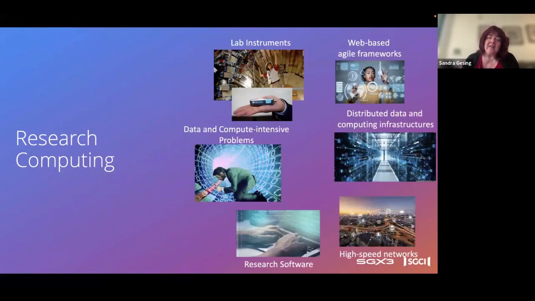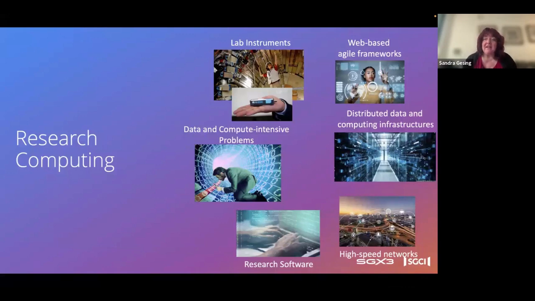So if you look at the environment around research computing, we have these lab instruments. For example, this little one on the hand that you can see there is a mini sequencer. They had that in a lab in the UK, and they didn't allow me to leave the lab with it. We have nowadays really agile web frameworks.